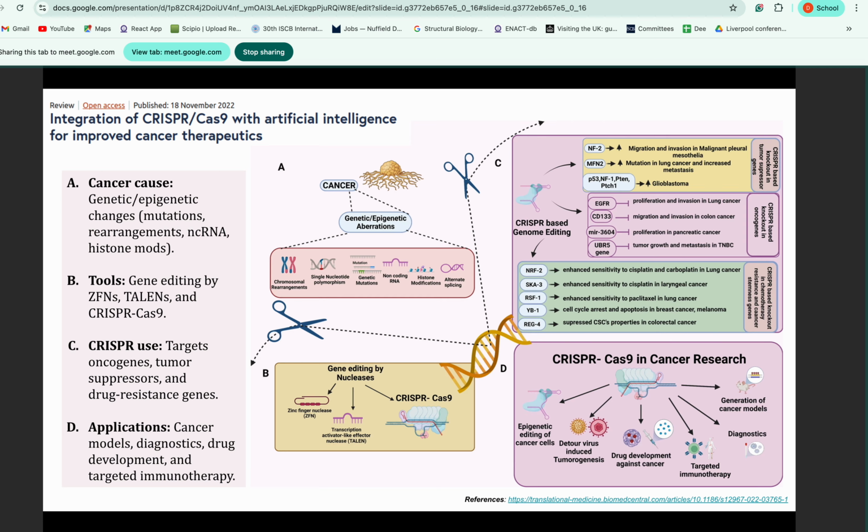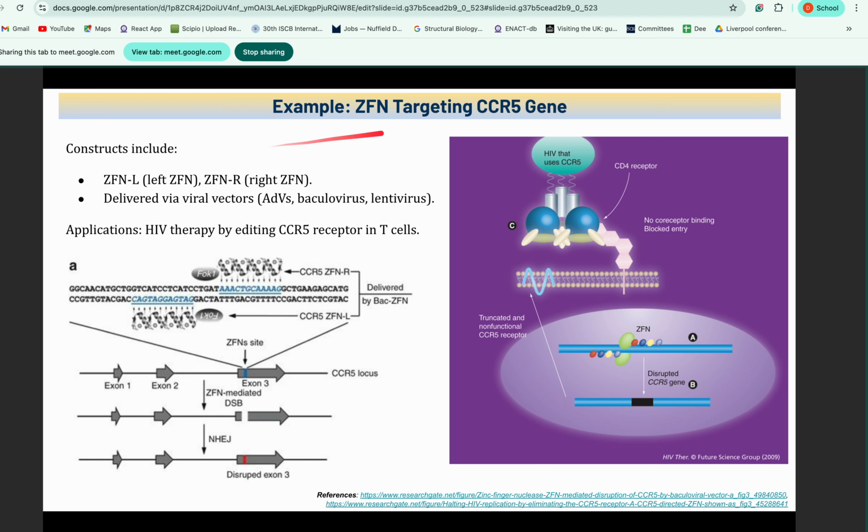Okay, now there is another review which talks about the integration of CRISPR-Cas9 with artificial intelligence for improved cancer therapeutics. If you're interested, you can go through this, to see how CRISPR-Cas9 is getting involved in cancer therapeutics, because it brings about double strand breaks with which we can disrupt genes. In the case of zinc finger nucleases, when we were looking at CCR5, we said that this gene makes a receptor which binds to HIV.